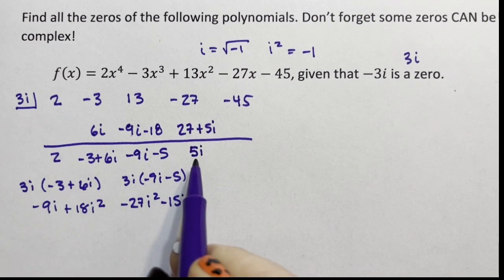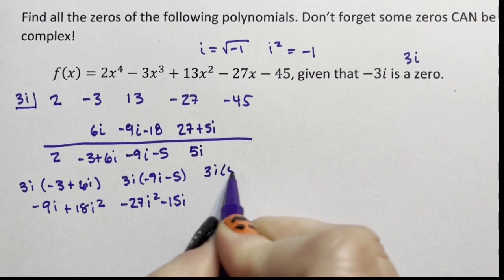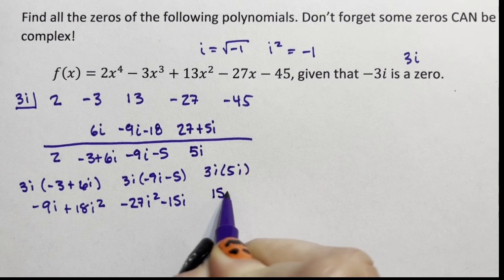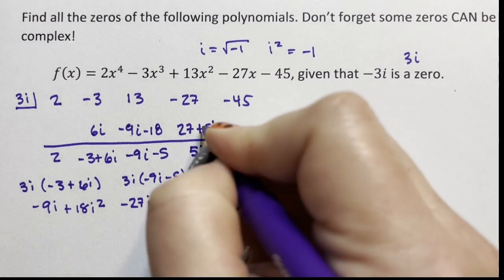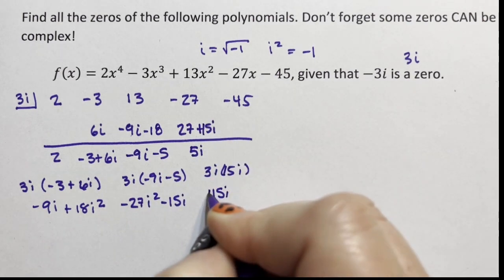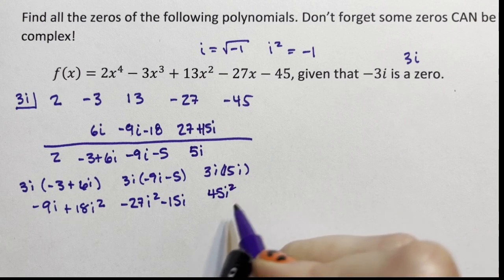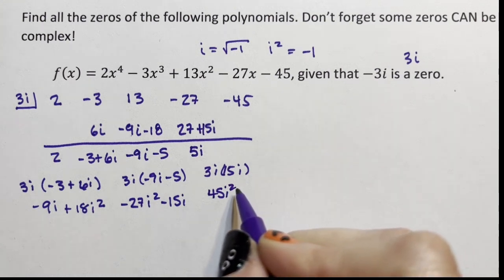When these multiply together, 3i times -15i, I'm going to get -45i squared. i squared is -1.